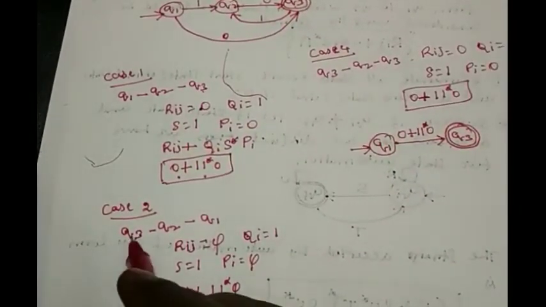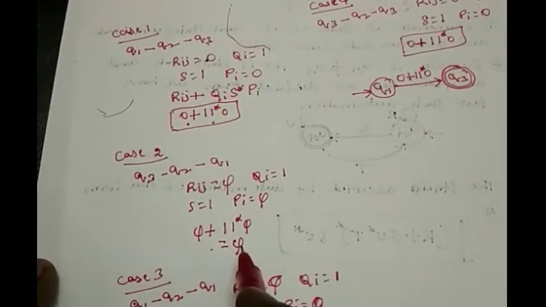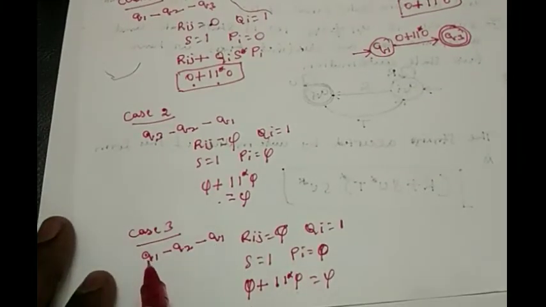Now coming to case 2, Q3 to Q1. Q3 to Q1 I have a phi transition, so no need to include that. And again from Q1 to Q1, I have a transition called phi, no need to include that.